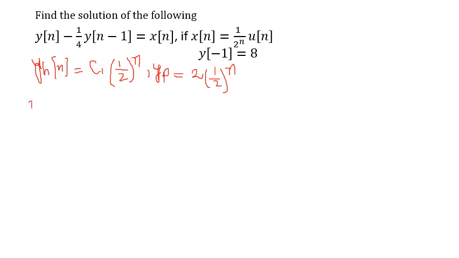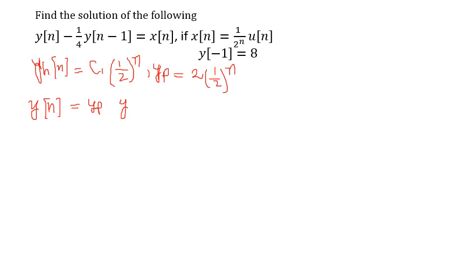So the complete solution will be y of n, and y of n equals the particular solution plus the homogeneous solution. Or okay, so y_p plus y_h. I forgot to mention n here.